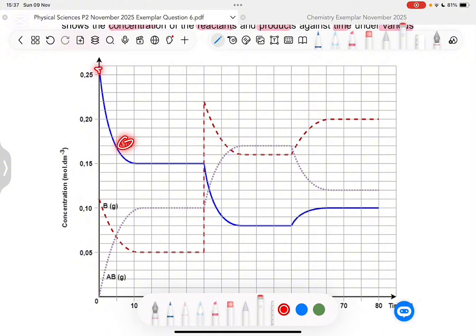Our reactant A begins with some concentration here, a higher concentration at this point, when the time is 0 seconds. And during that time, we also have some concentration of the reactant B. And of course, you can see here that the product AB is at 0.